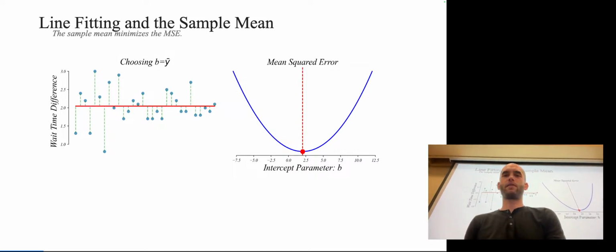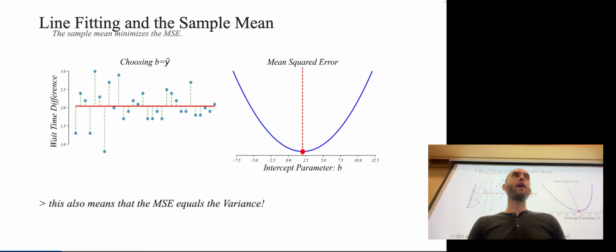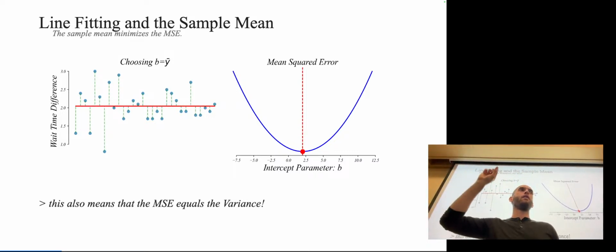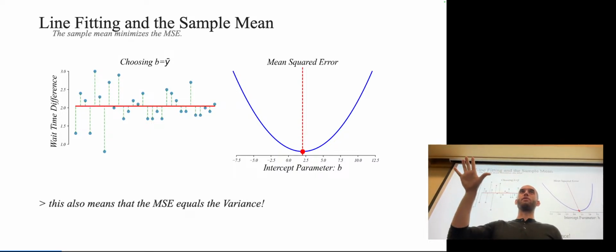Nice. All right, so we have mean squared error. We're choosing a vertical intercept that's equal to the mean, which minimizes the mean squared error. And it turns out when we have a single intercept model where all we're picking is b, the mean squared error at the minimum is equal to the variance.